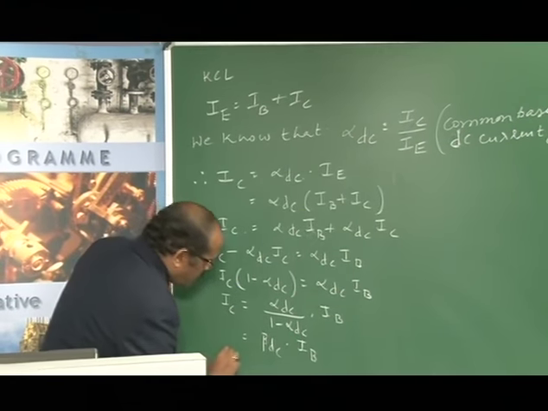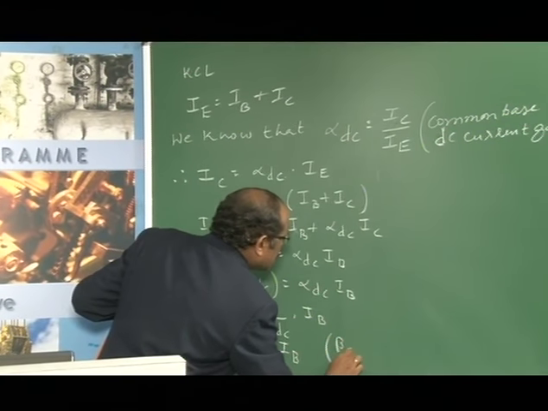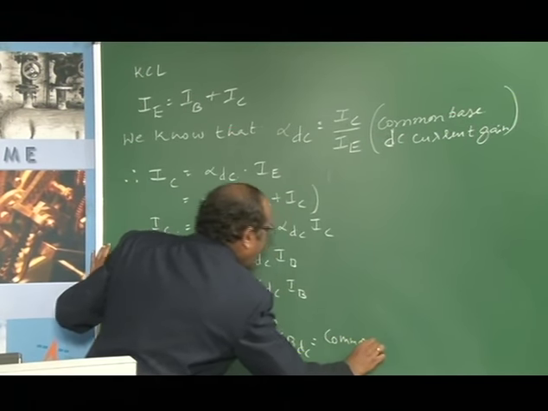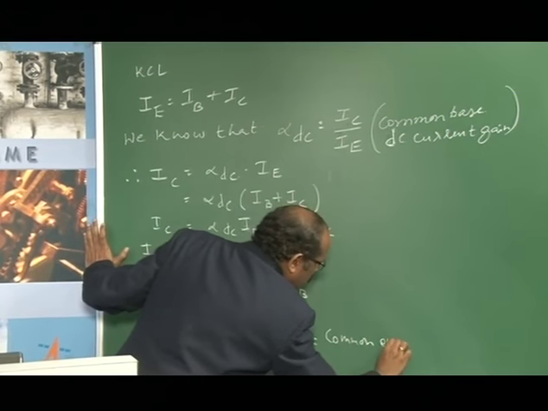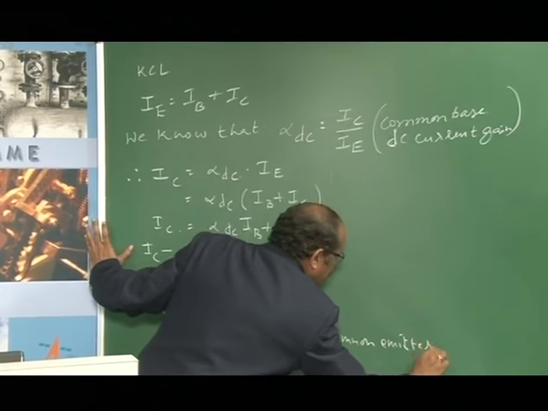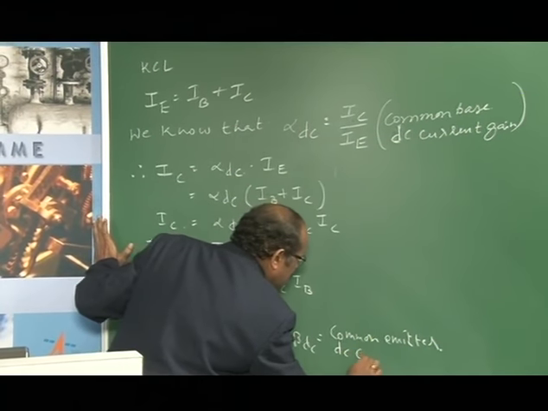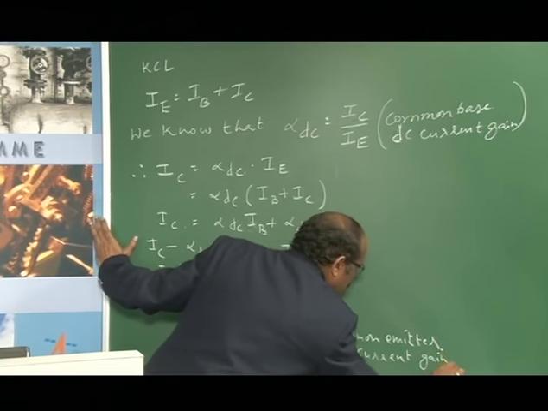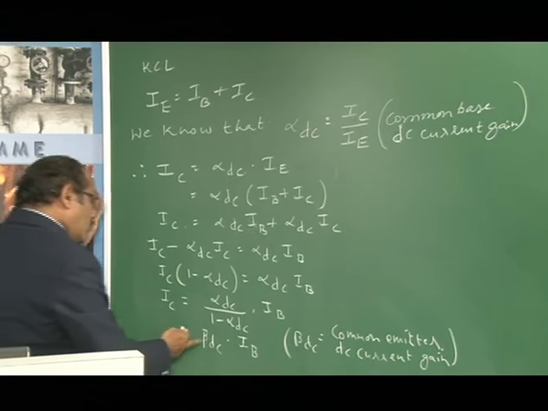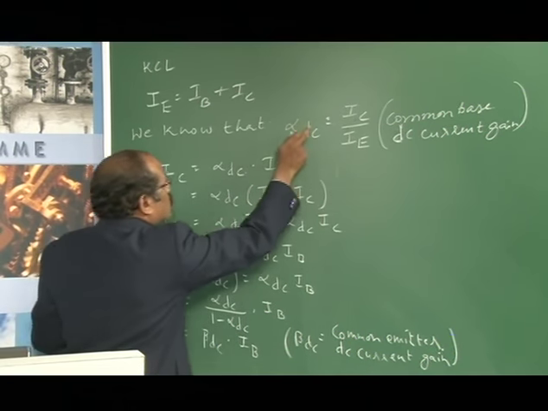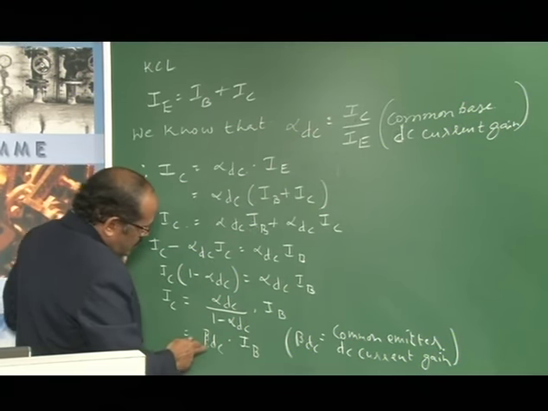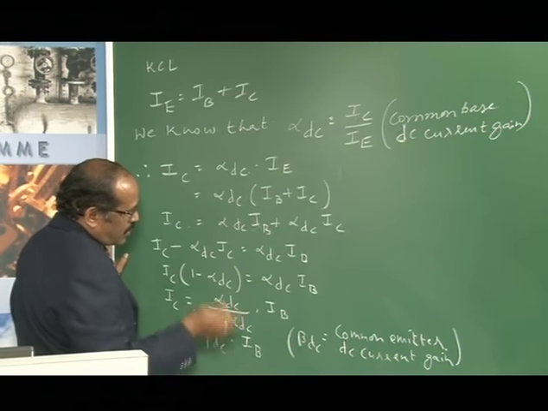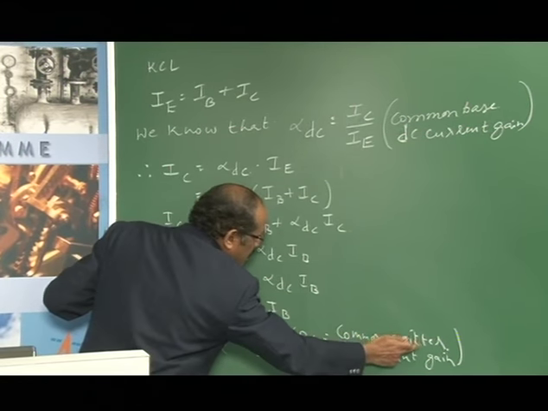What is beta DC here? Beta DC is the common emitter DC current gain. Once again this is a current gain similar to alpha DC, a ratio of the output current by the input current, in the case of the common emitter configuration.